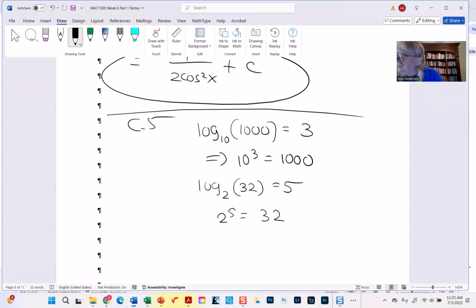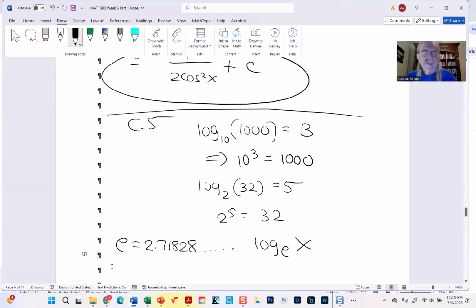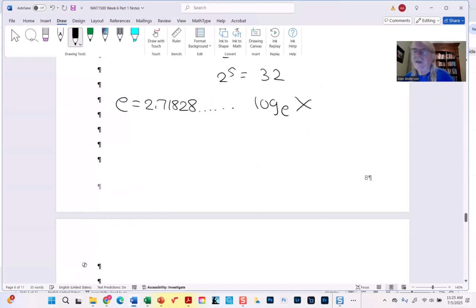There's a special constant in math that we see all the time, and it's called e, very simply e. It's defined as approximately 2.71828. And if we take the log to that base, it's rewritten as ln of x, which stands for the natural log of x.